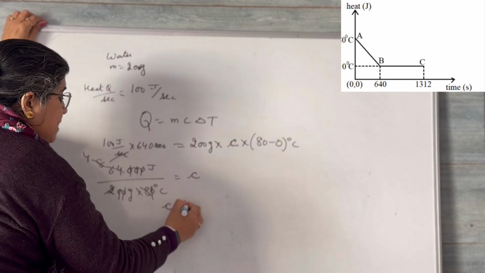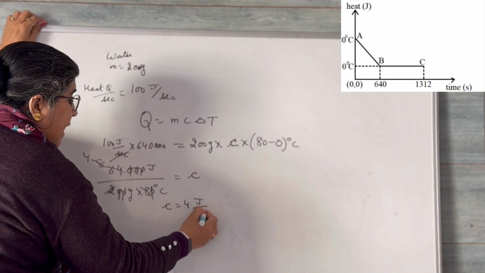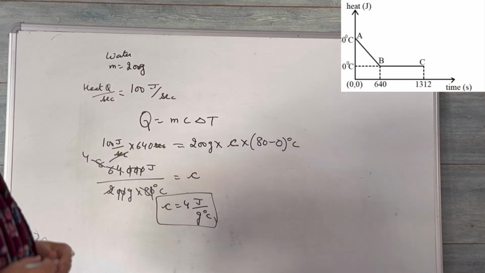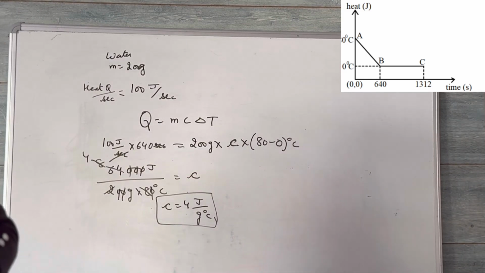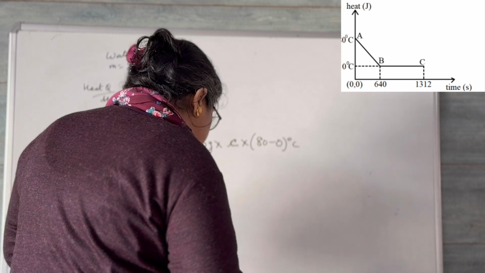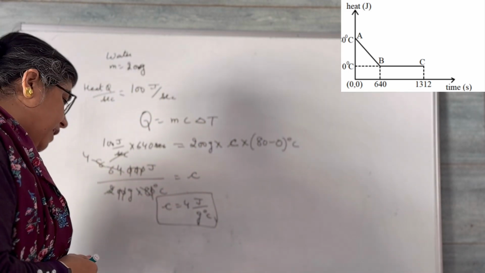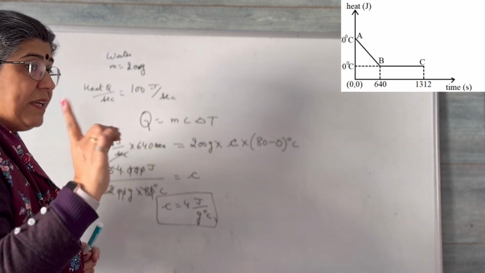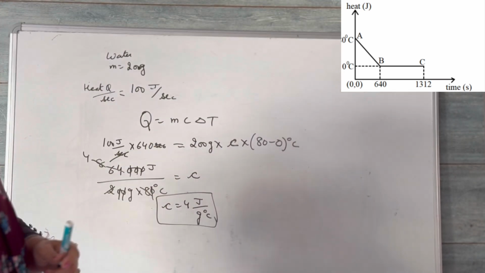So here C is 4 joule per gram per degree centigrade. From the graph, it is 4 joule per gram per degree centigrade. That is the first part. Then he says heat released in the region BC. As time is passing, temperature is not changing from B to C.